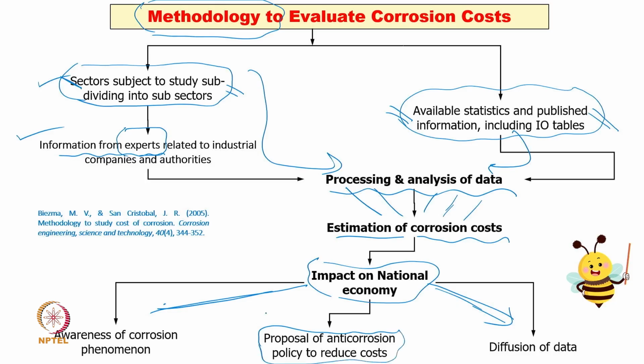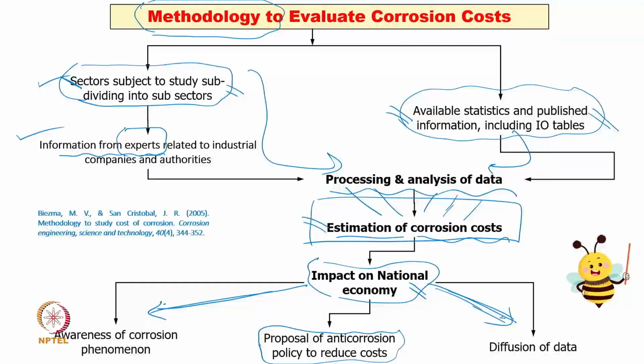So, overall, first is the estimation of the cost, then whatever corrosion mechanism data we have, think about the effect on the national economy, and once we have those things, give awareness to society, propose anti-corrosion policies, and spread those data so that people can take the right decision.